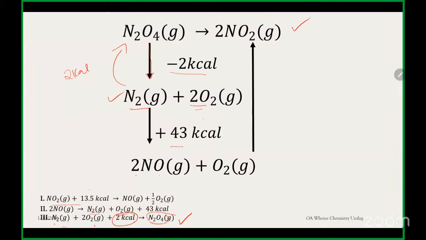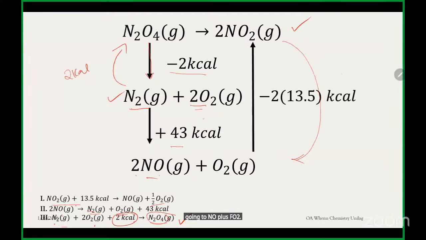And the last one is NO2 going to NO plus half O2 is 13.5. Since it's 2 times, this other way goes there. We're told to find X. This is Hess's law in diagram.